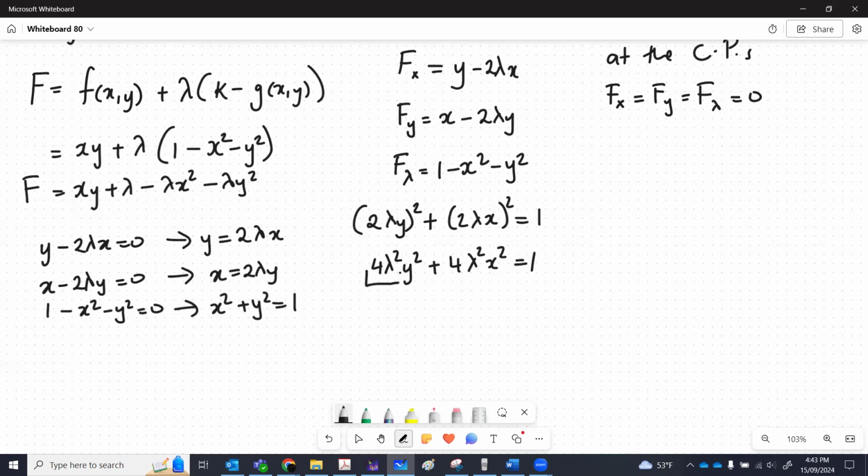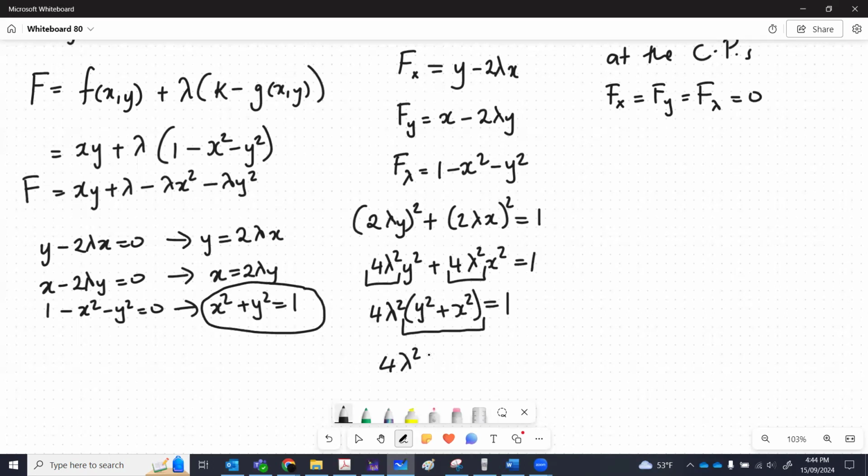And I can see that 4 lambda squared is a common factor, so we take it out. So I have 4 lambda squared, and then I have y squared plus x squared. This is equal to 1. And this y squared plus x squared is exactly equal to this. So this means that this is 4 lambda squared times 1 is equal to 1, because x squared plus y squared is the same as y squared plus x squared.